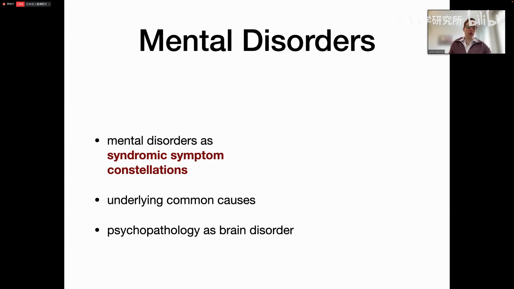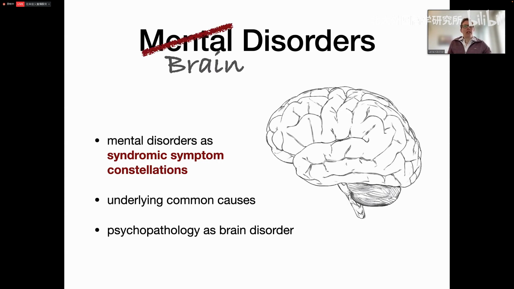Usually the suggested view is that it's some kind of glitch in the brain circuitry. And if this is the case, then the psychopathology we're studying is conceived of as a brain disorder. So mental disorders are really just brain disorders. This is one standard view that has been very common over the past few decades.